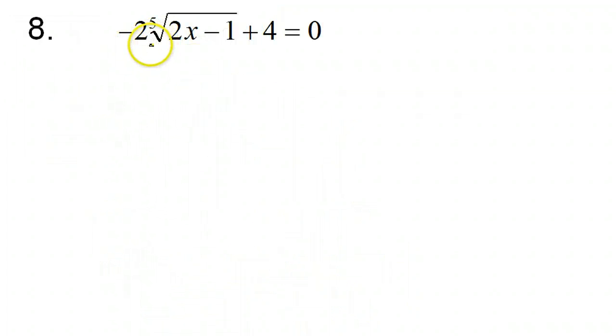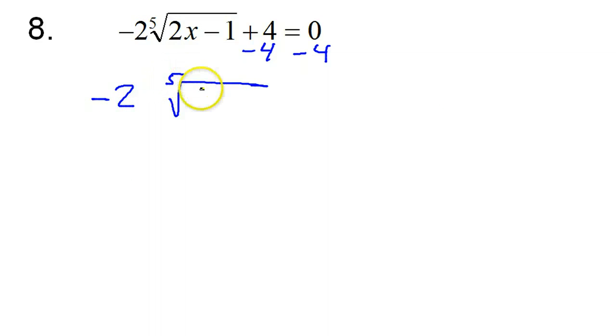Alright, for number 8, you want to subtract 4 from both sides before you divide by negative 2. So that's going to give us negative 2 times the fifth root of 2x minus 1 is equal to negative 4. Then we divide both sides by the negative 2.